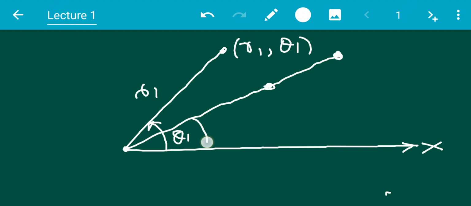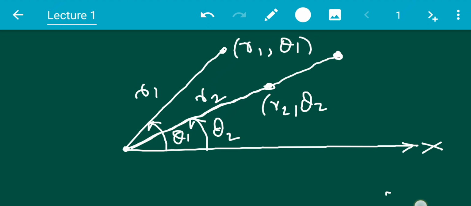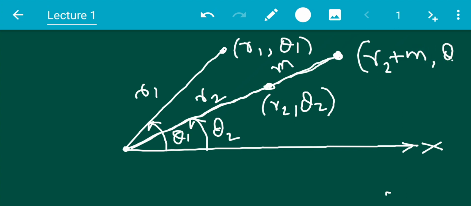For this point, r2 plus something will be there: suppose this extra length is m, so it is r2 plus m, theta 2. Each point has different coordinates, so it uniquely defines each point in the plane. Clear? This is how we define the polar coordinates.